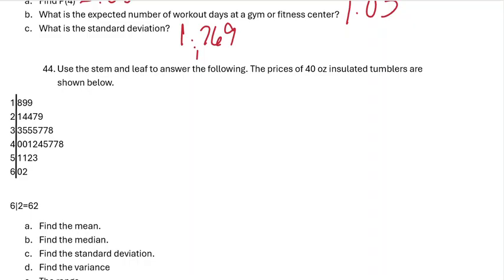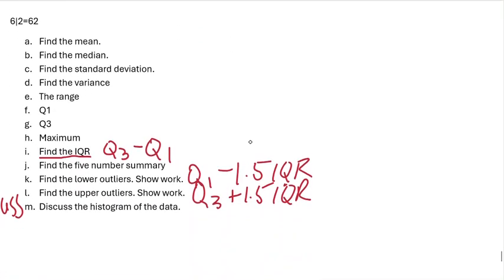The mean is 38.46, which rounds to 38.5. The median, if we scroll down on the calculator screen, comes out to be 39. The standard deviation, the Sx number on the calculator because we're talking about a sample, is 12.1.